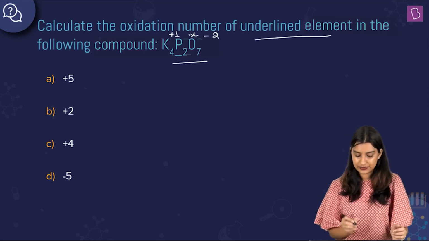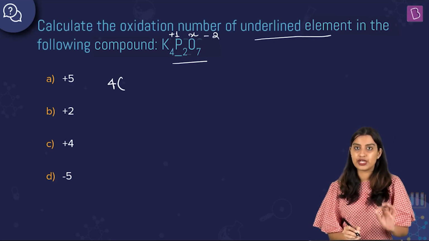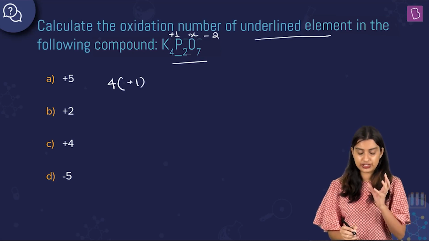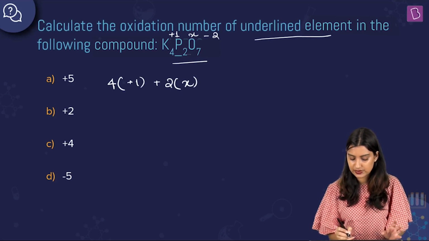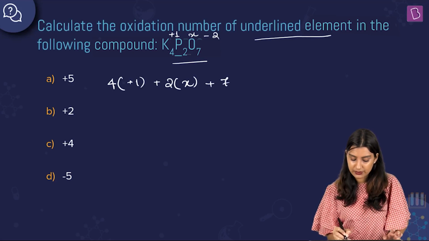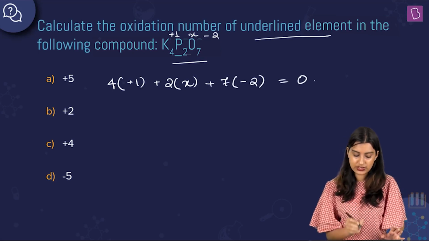So now let's get started. You have 4, the number of potassium atoms, multiplied by +1 charge on each potassium atom, plus 2, the number of phosphorus atoms, into X, the charge on each phosphorus atom, plus 7, the number of oxygen atoms, multiplied by -2, the charge on each oxygen atom.